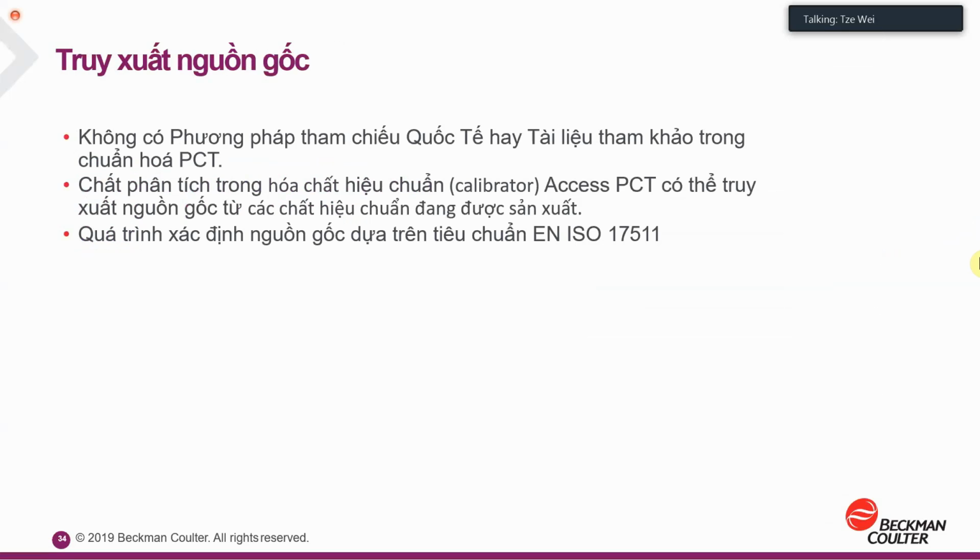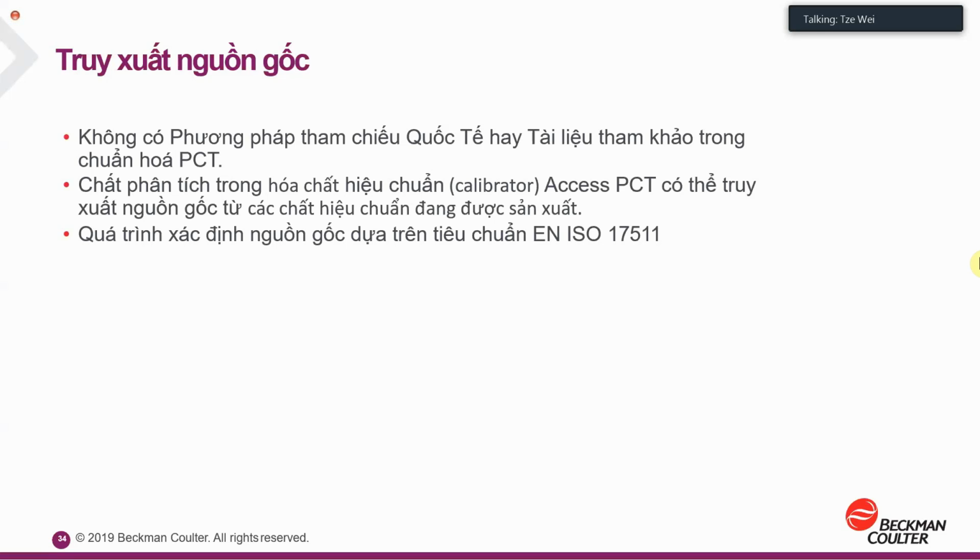In terms of traceability, I think that's important because we're all aware of the BRAHMS PCT assay being one of the first on the market. But currently, really, there is no WHO standardized or internationally recognized reference method or reference material for PCT standardization. The analyte in our calibrators is traceable to our working calibrators, and the traceability process is ISO based.